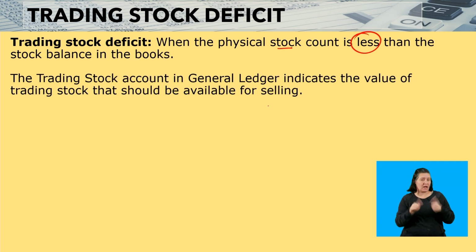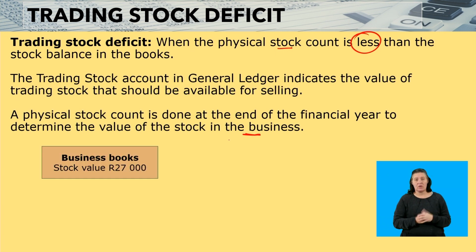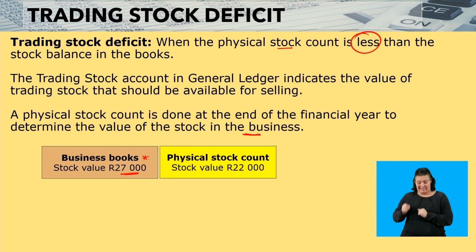The trading stock account in the general ledger indicates the value of trading stock that should be available for selling. But a physical stock count is done at the end of the financial year to determine the value of stock that is then in the business. So we have business books with stock to the value of 27,000, and a physical stock count with stock to the value of 22,000.